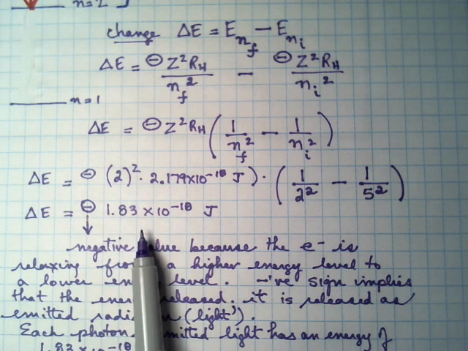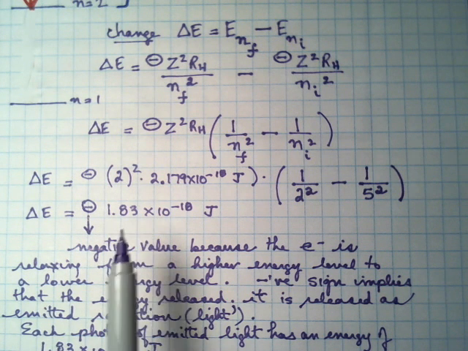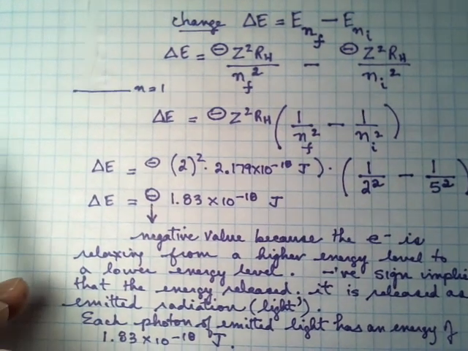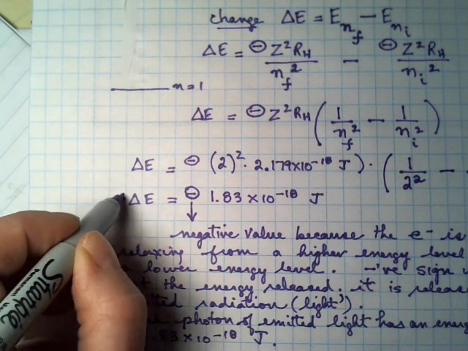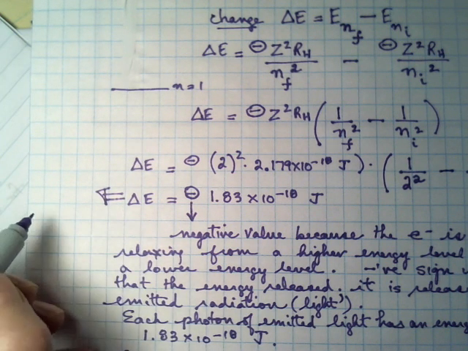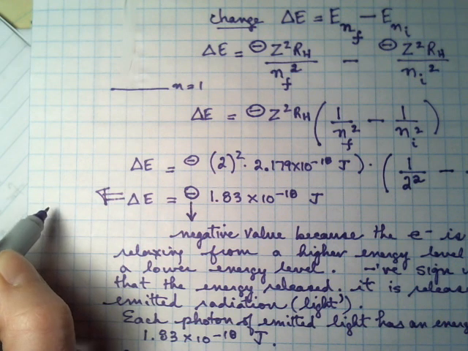So back here, if I multiply this by Avogadro's number, I will get 1.10 times 10 to the 6 joules per mole of photons emitted. So let me just squeeze that in over here. Okay, let me go this way with it. How much energy per mole?